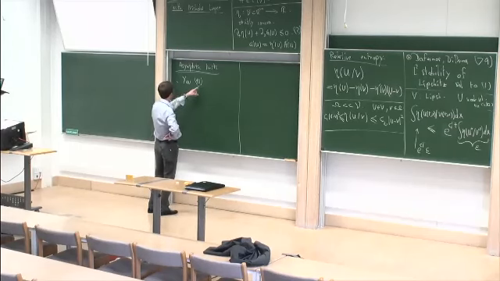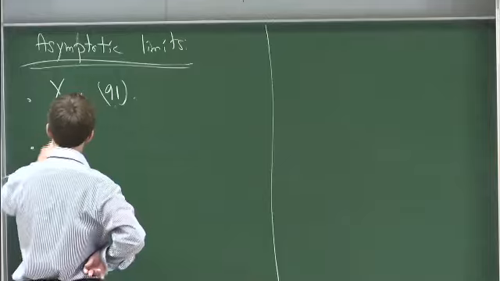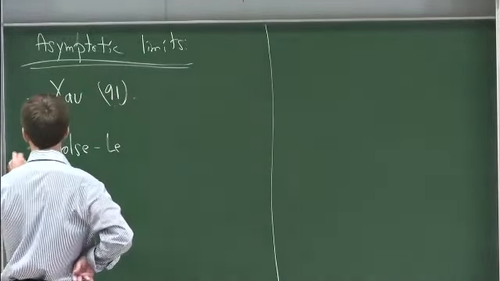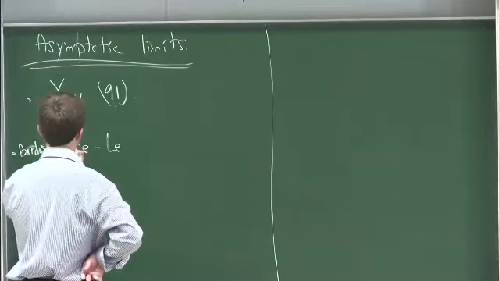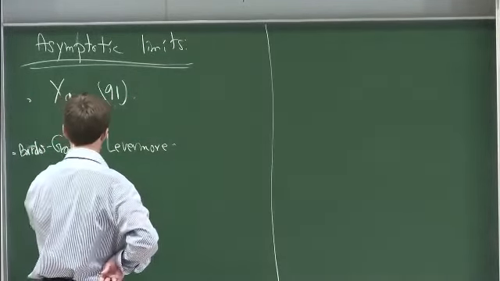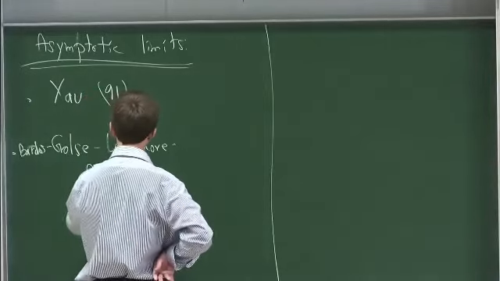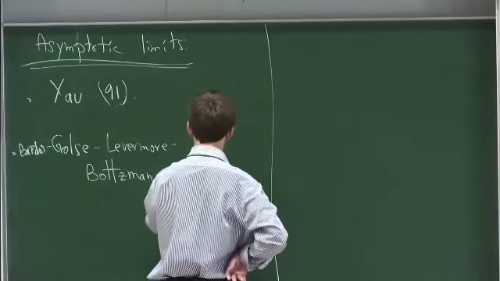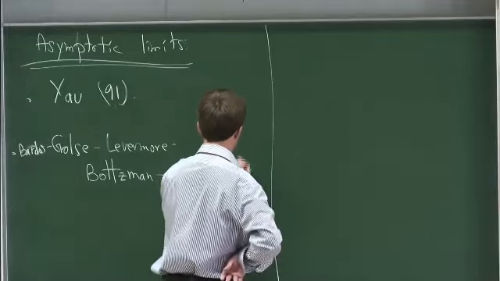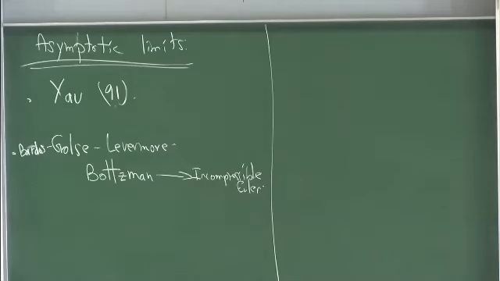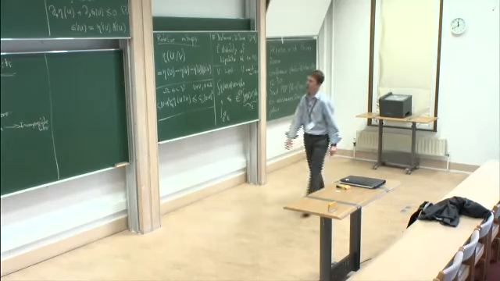Almost at the same time there was a program proposed by Bardos-Golse-Levermore, to go from Boltzmann, the hydrodynamic limit, to incompressible Euler, which has been completed later, especially by Lions-Masmoudi on top of those people.